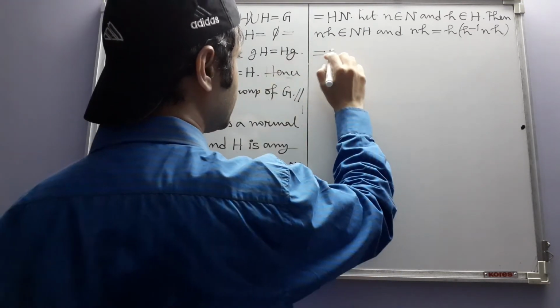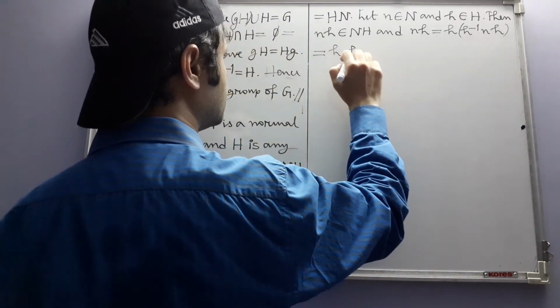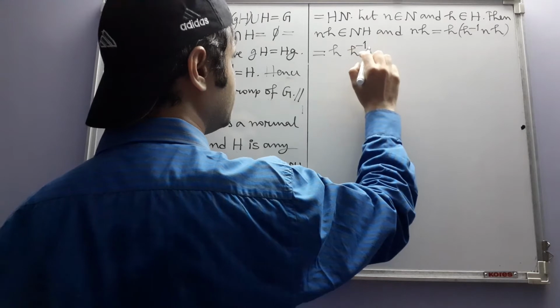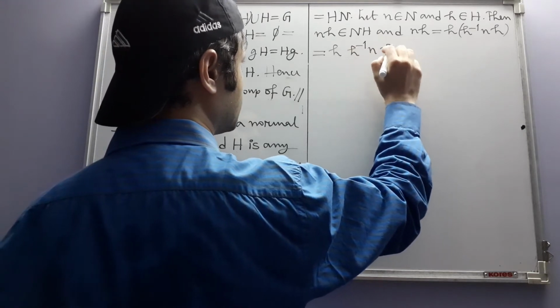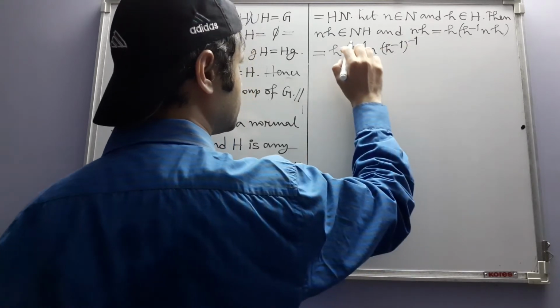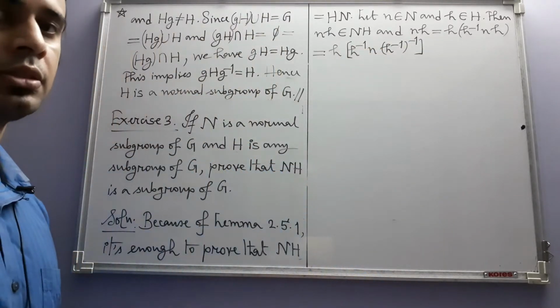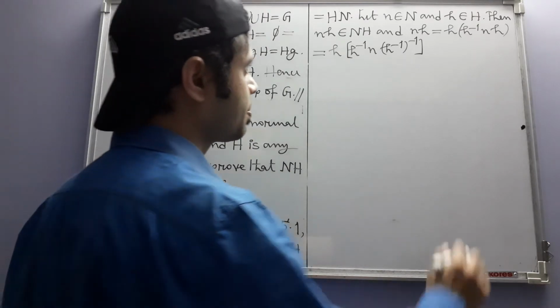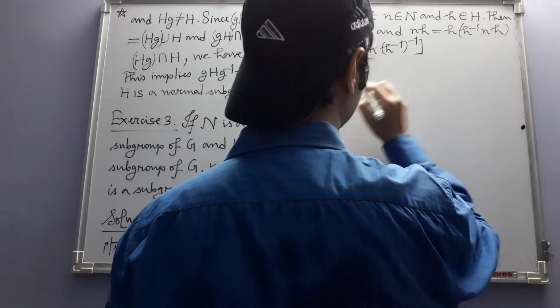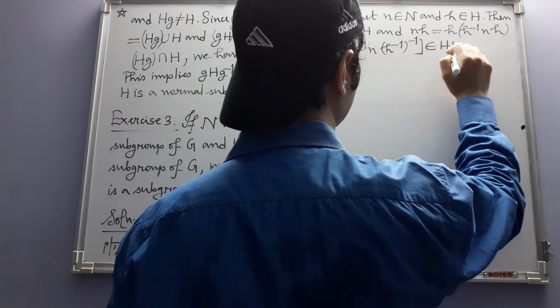Now you can write this part like this also: h (h inverse n h) inverse inverse, because h inverse inverse is equal to h, and this belongs to HN.